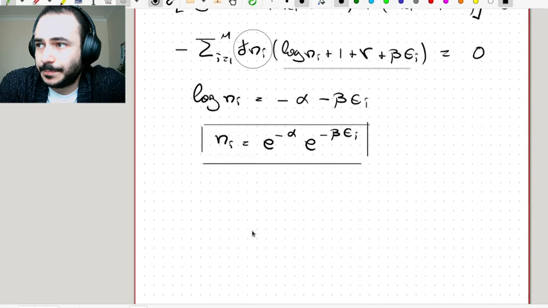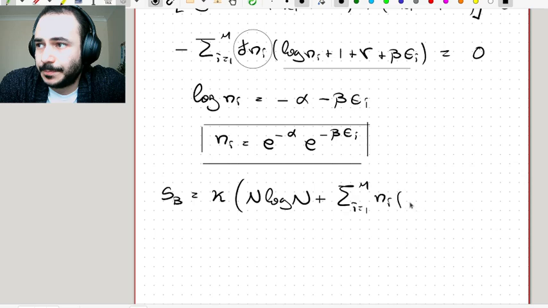So we have to insert that into the expression of Boltzmann's entropy to see what we get out. So remember, there is the Boltzmann constant. Here you have n logarithm of n, that's what we wrote before. And here you have a plus sum from i to m of ni times alpha plus beta epsilon i.